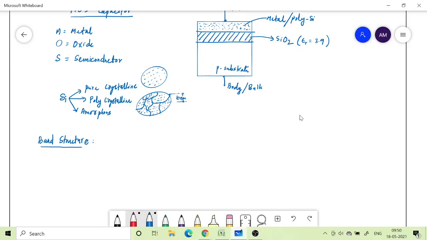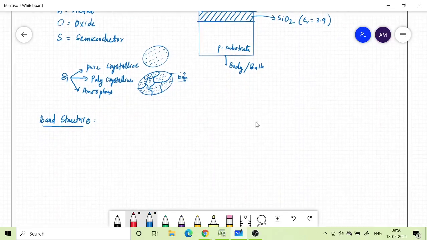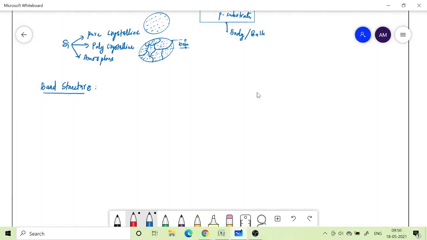Let us look at the band structure of these individual materials first. First of all, let us take a metal. Metal band diagram is quite easy to see, and all band structures have a common reference level, usually called the vacuum level.